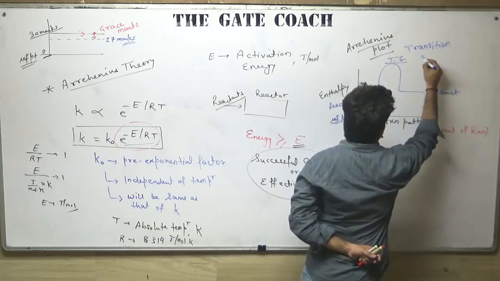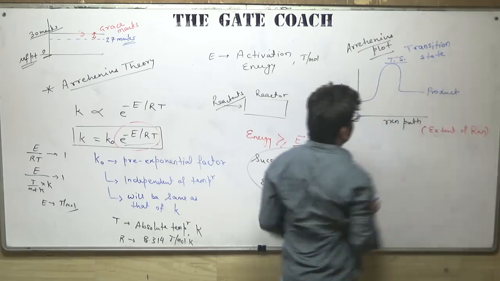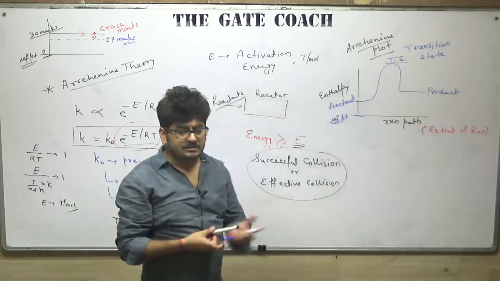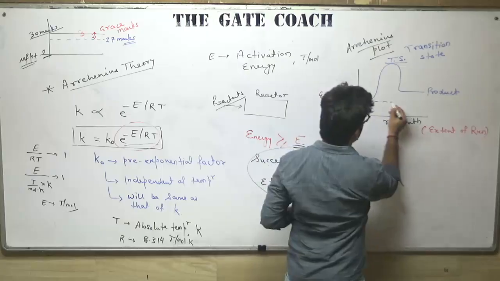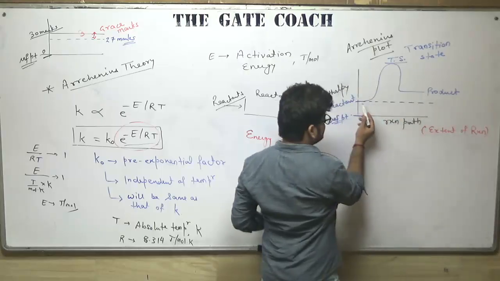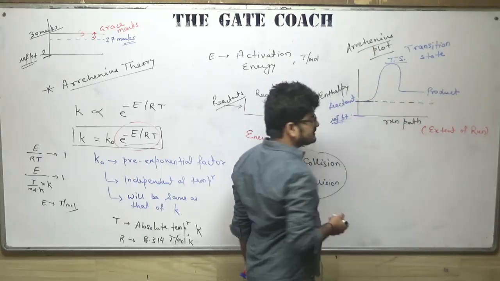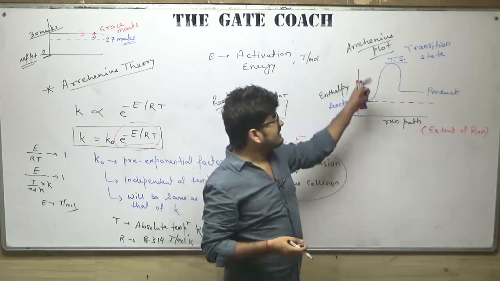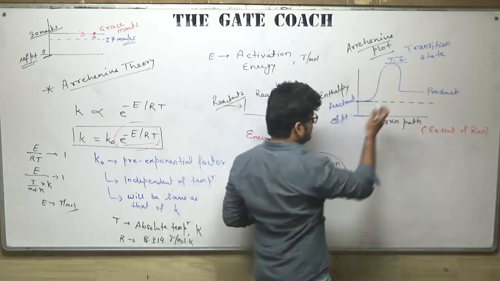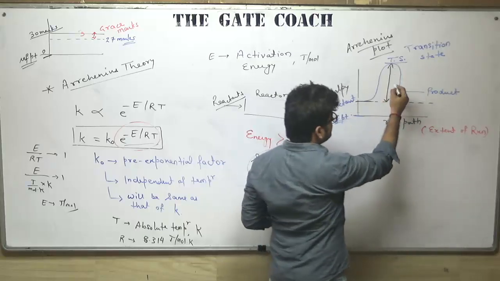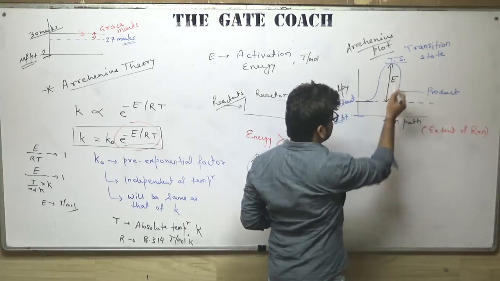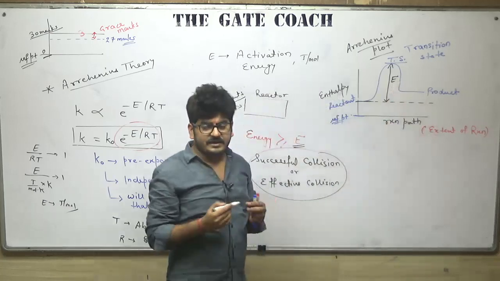You can see that before the start of the reaction, the energy of the reactant is this. To achieve the transition state, they require some additional energy, this, and this additional energy is called activation energy.